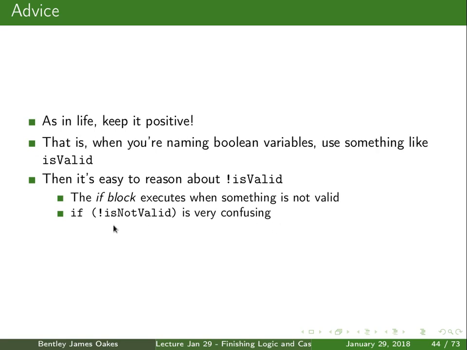Because I see people, and sometimes they have code like if not is not valid, and then I'm like, double negative, okay, let me flip that round, okay, that executes only when something is valid. That takes me time to think about. Things shouldn't take time to think about. So don't have negations in your variable names, because it's way harder to think about.